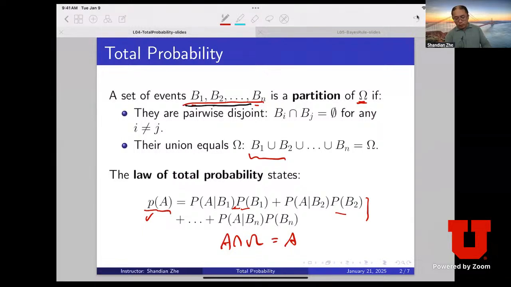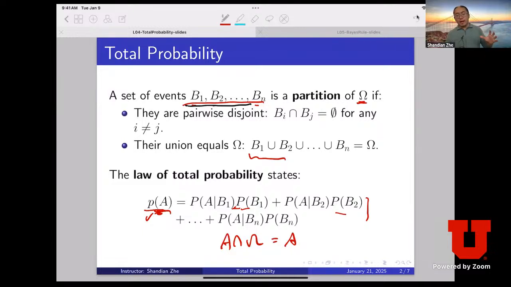If we want to compute the probability for a particular event A, in many scenarios you will find that it's not very easy to compute that. So a convenient strategy will often be to introduce a set of other events, B1, B2 through Bn.